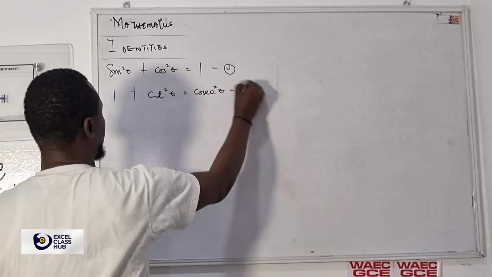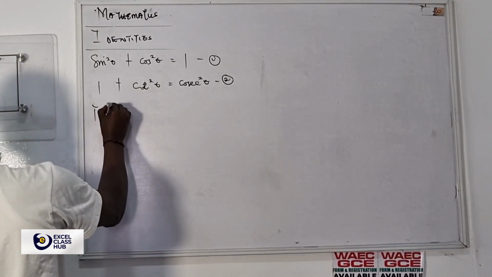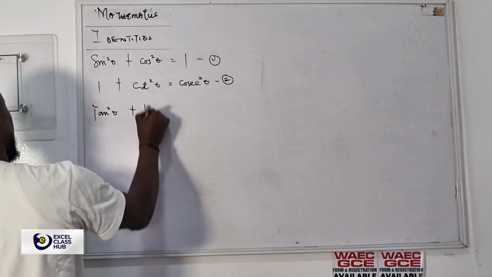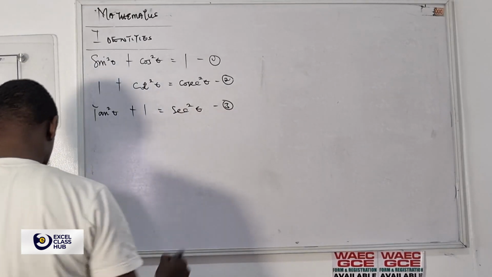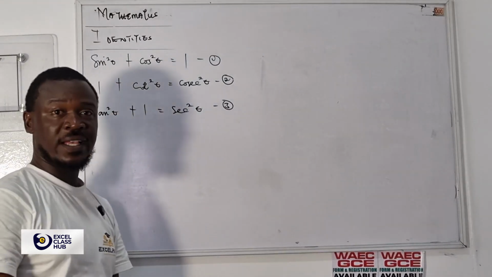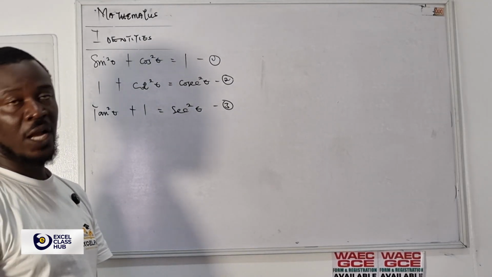That was the second one I gave to you. And the last one I gave you: tan²θ + 1 = sec²θ. If you can remember, those are the three formulas I gave to you for your identities. Are you with me?